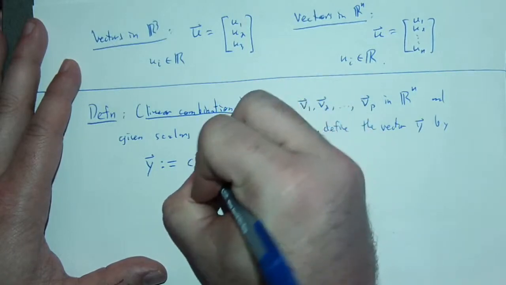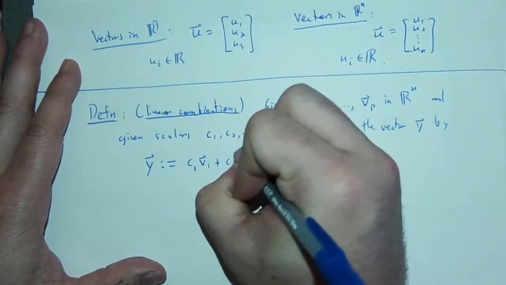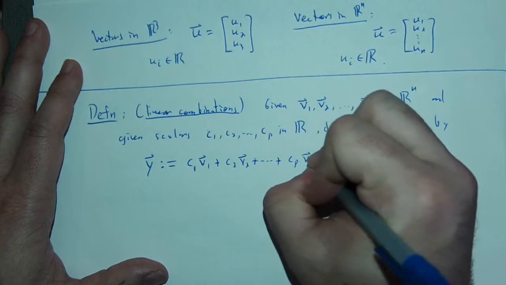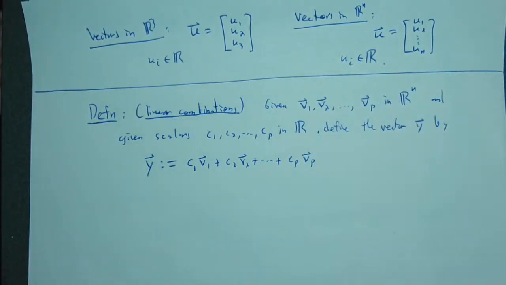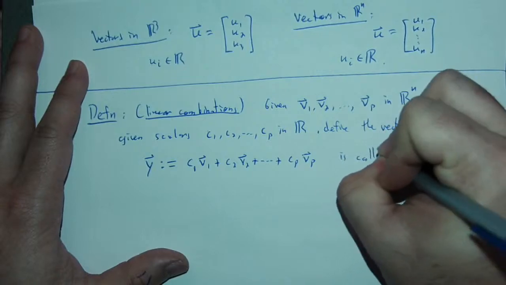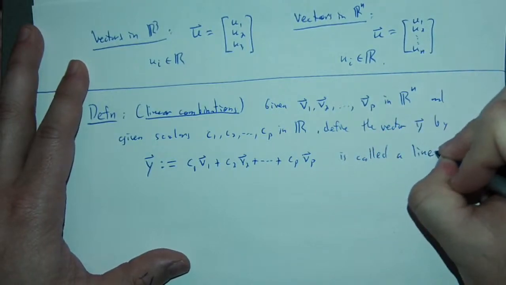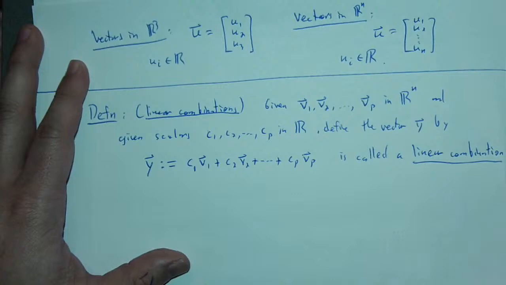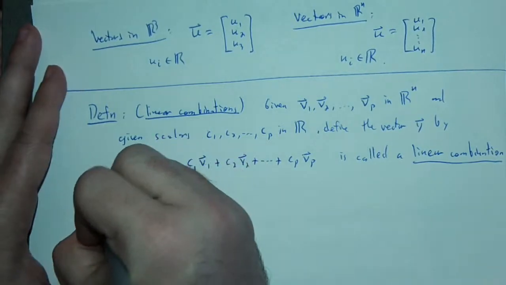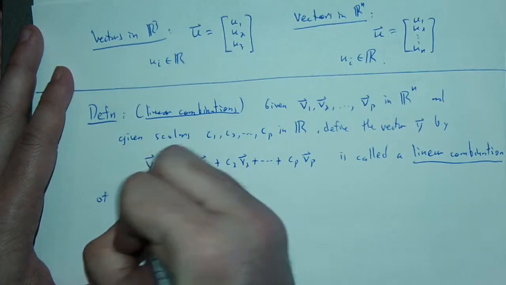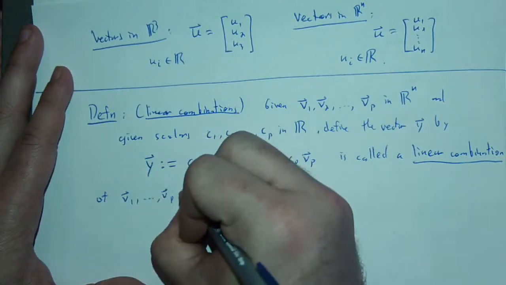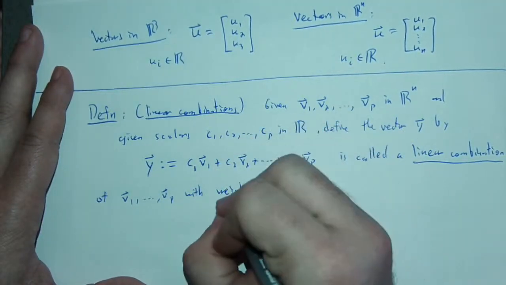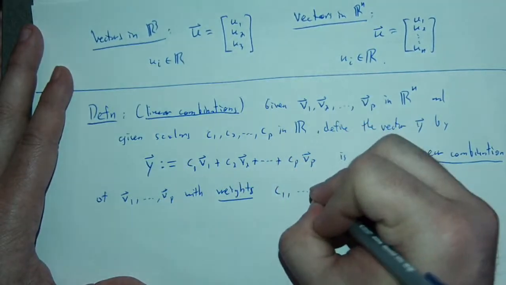So c sub 1 v sub 1 plus c sub 2 v sub 2, and so on, all the way up to c sub p v sub p, is called a linear combination of the vectors v sub 1 through v sub p with weights c sub 1 through c sub p.